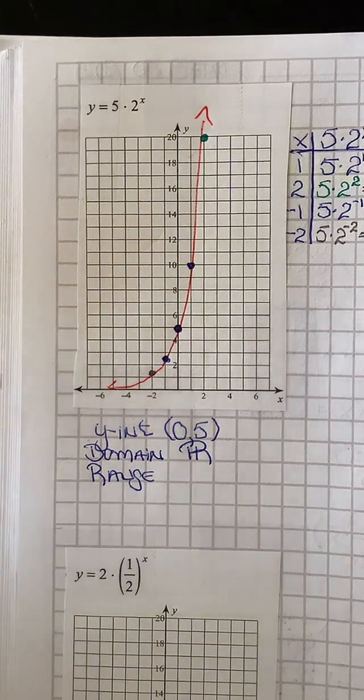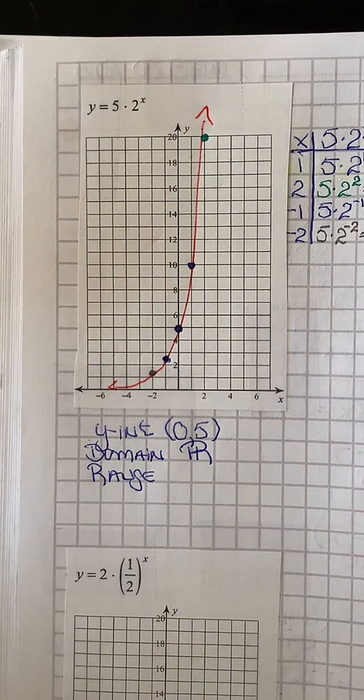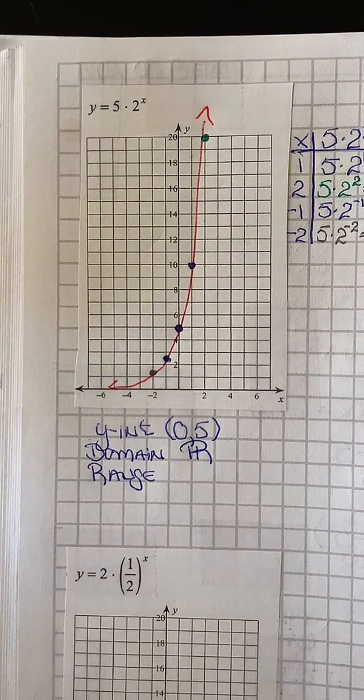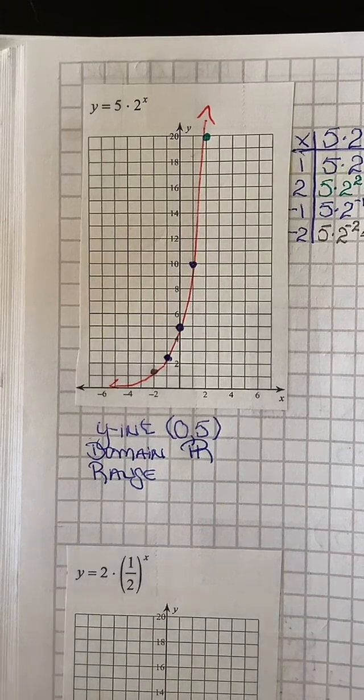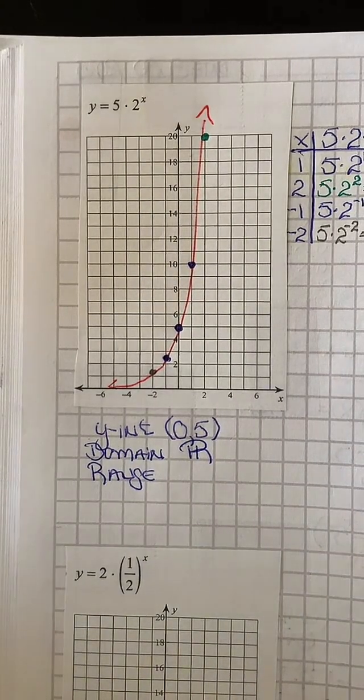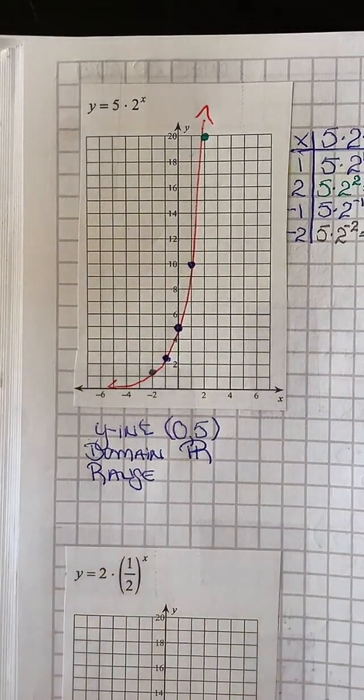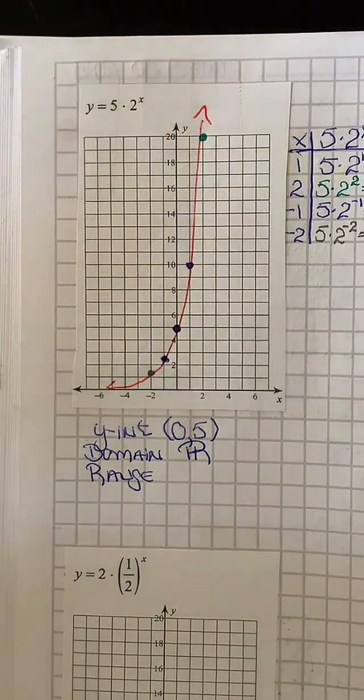So y is greater than 0, y is greater than 0. Okay. Are they right? Ms. Gardner's like, I hope so. I know so. Okay. Hey, Leela.